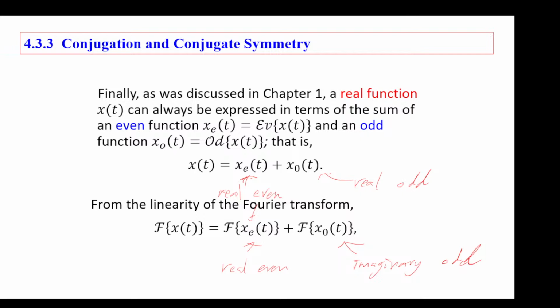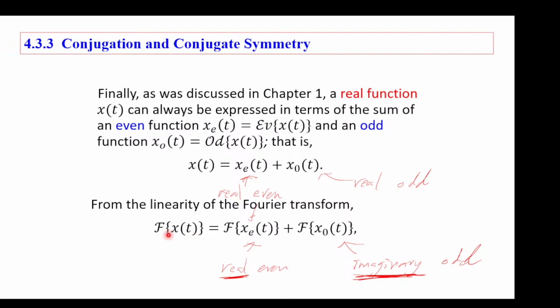Even and odd is cool, but the thing we try to notice here is that this part is real and this part is imaginary. So the even part corresponds to a real function, and the odd part corresponds to an imaginary function.